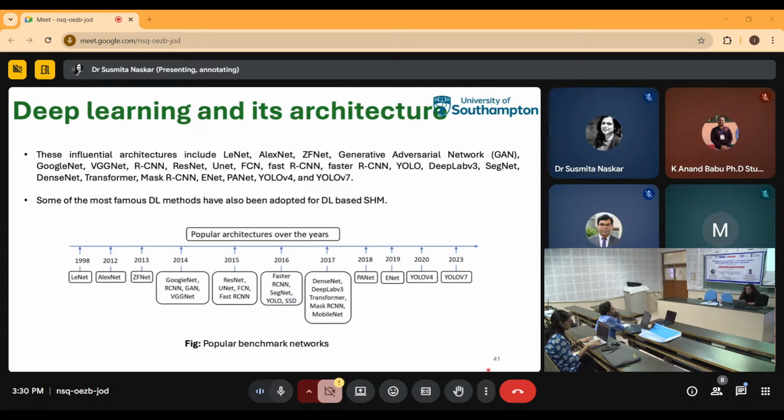So these are the diagrams. You can see how popular architectures have changed over the years, and they highlight how deep learning architectures have matured over the past 25-26 years, from early nets till this year in 2025, right? And how it has opened up a lot of new possibilities to use deep learning.